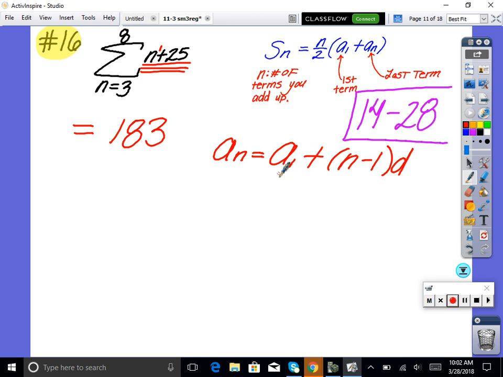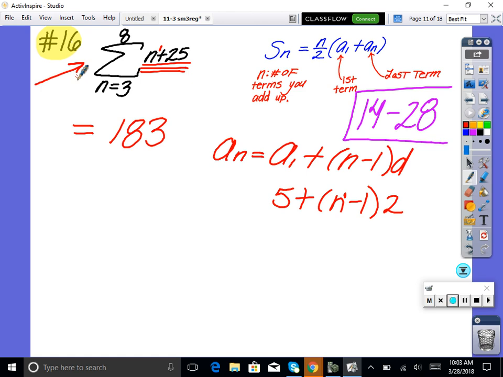The only thing we don't know is the n, right? Let's say we had 5 plus n minus 1 times a common difference of 2. You see how the unknown is to the first power, everybody? It's always going to simplify to be linear if it's arithmetic. So if I said to you, is this arithmetic, geometric, or none of the above, you would say it's linear, so it's arithmetic.